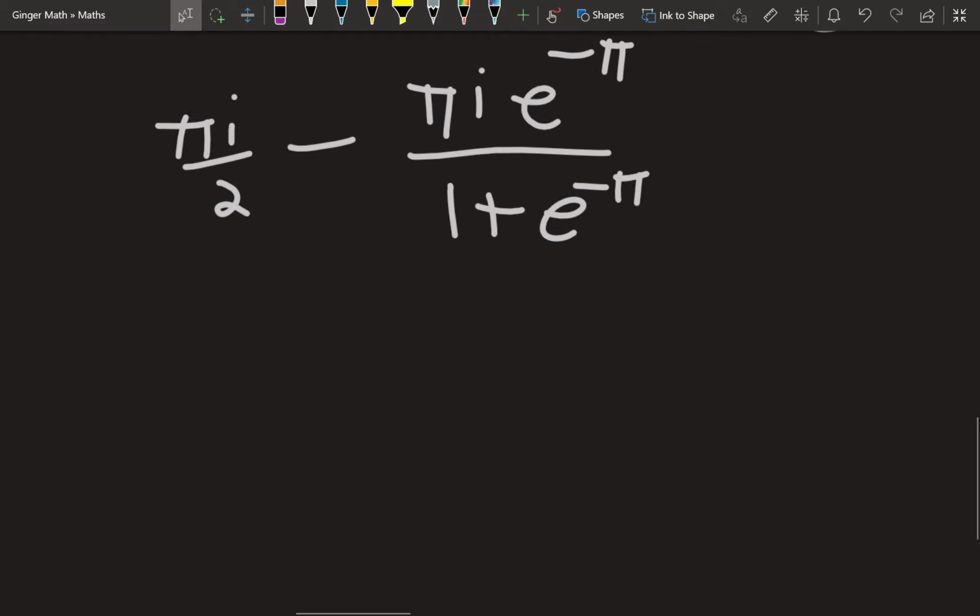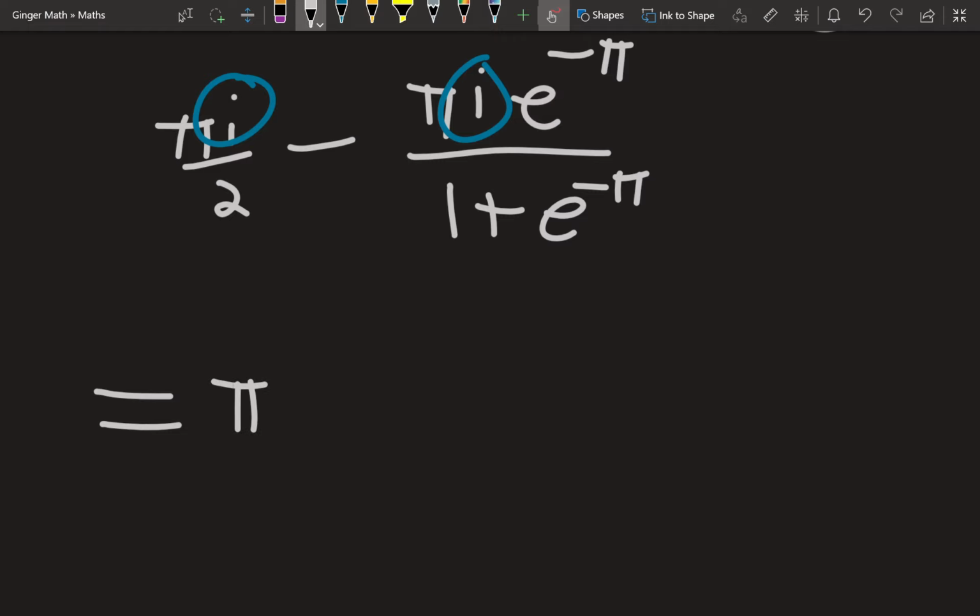And this looks really ugly, but it actually does simplify quite a bit, believe it or not. So first and foremost, we need the imaginary part of this integral, and you'll notice that the only thing making this imaginary is the i here, the i here and the i here, which we can just factor out along with the pi.